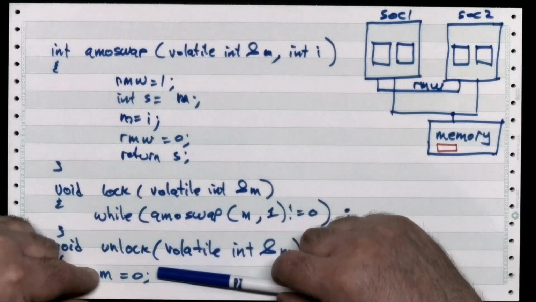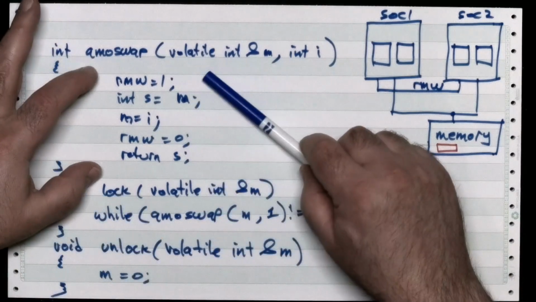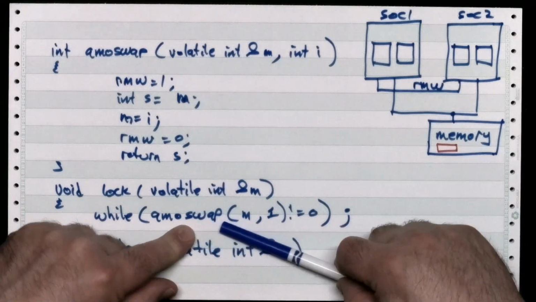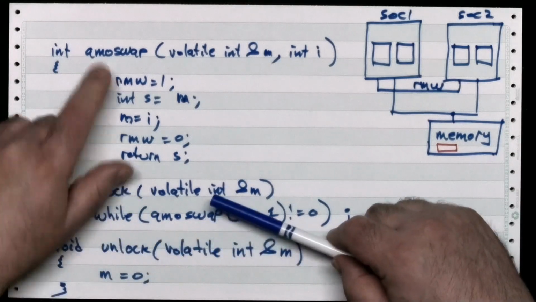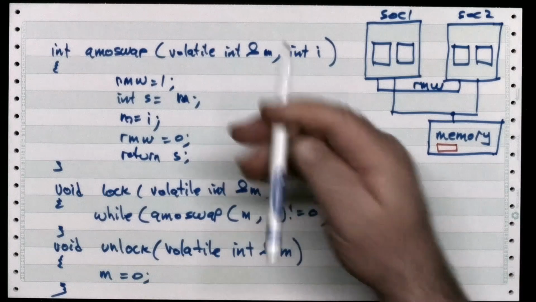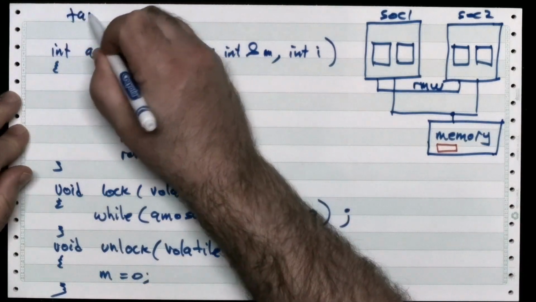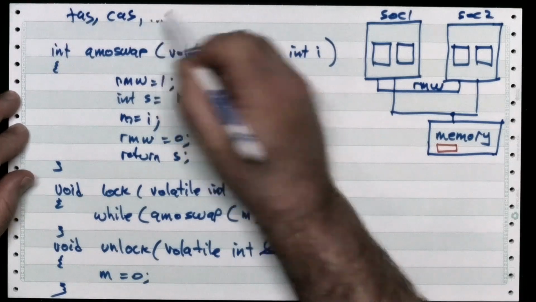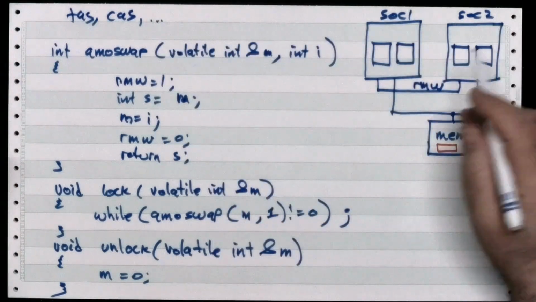Now, in order to use these, it's going to use this function up here called AMOSWAP, atomic swap. That's what that stands for. This is a RISC-V name. Turns out other CPUs have names like test and set, compare and swap, and every vendor has its own way of doing this.